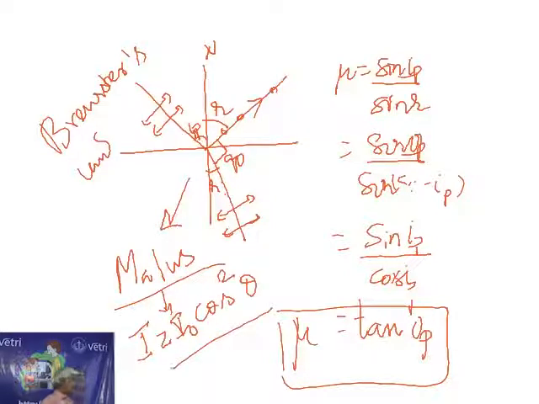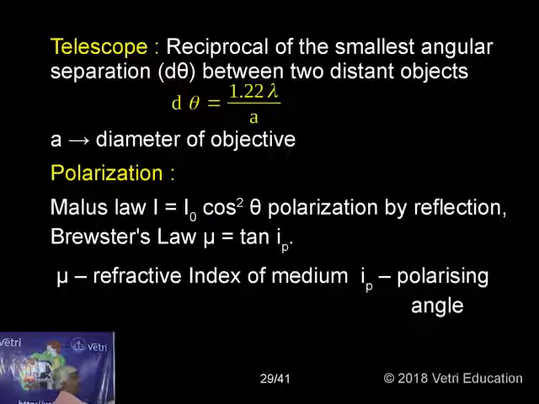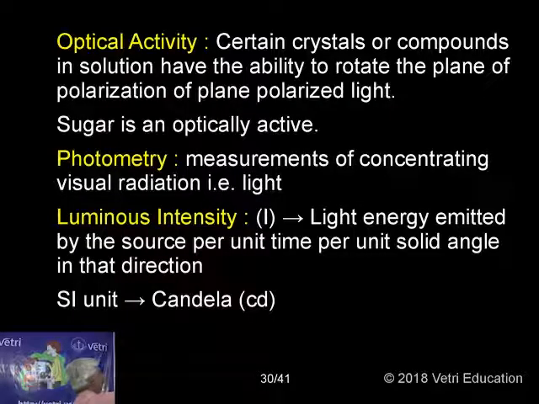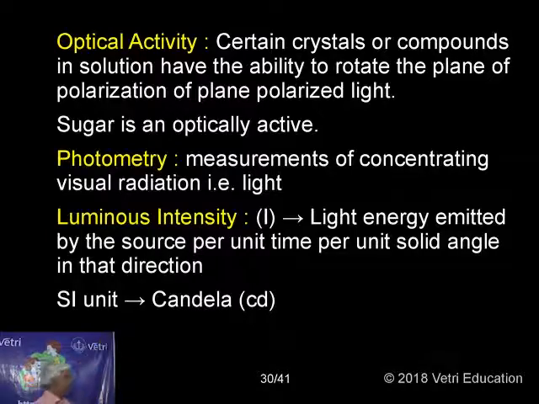So I is equal to I naught cos square theta is called Malus law, where I is the intensity of light, I naught is the maximum intensity, and theta is the angle of rotation of the polarizer. Once we know theta, we can find out the intensity. So these are all given in the chart. You have to understand it.